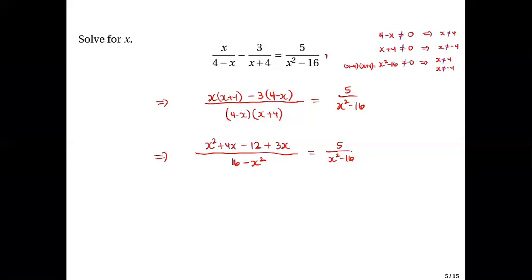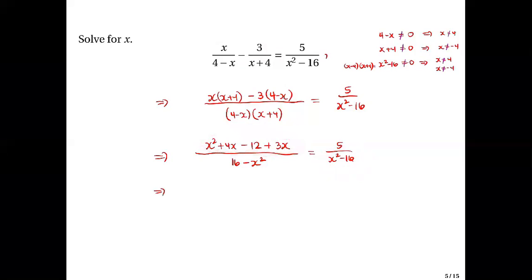So the denominators, they are almost the same, except that one is a negative of the other. This is 16 minus x squared. This is x squared minus 16. So we can take out the negative in here. And then at the same time, let us simplify the numerator here.